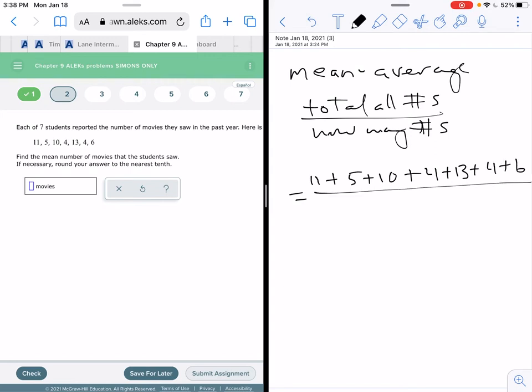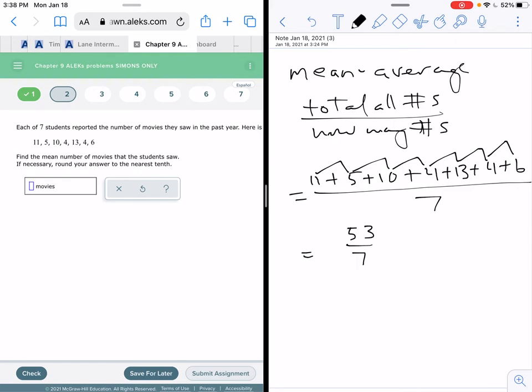And then we're going to divide that by 7 different numbers, because it's 7 students. So 1, 2, 3, 4, 5, 6, 7. Yep, it is. So then you just add them up. You get 16, 26, 30, and 43, plus 4 is 47, plus 6 is 53. So we have 53 divided by 7.